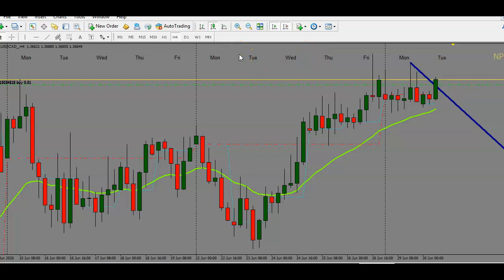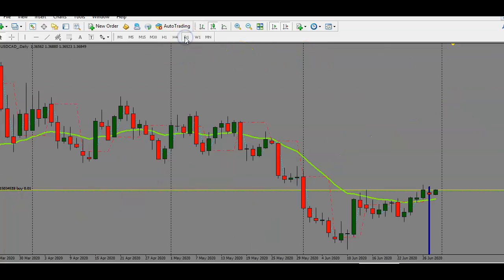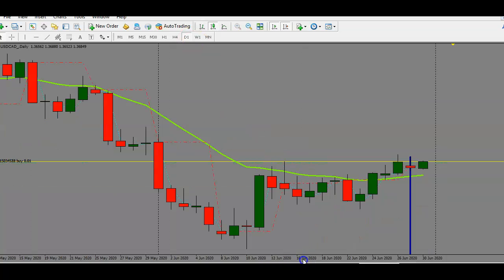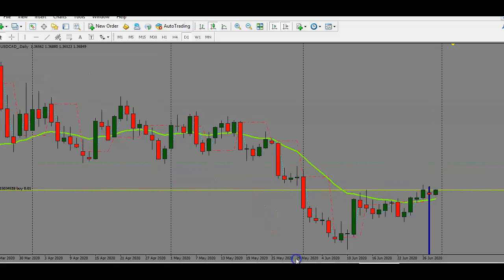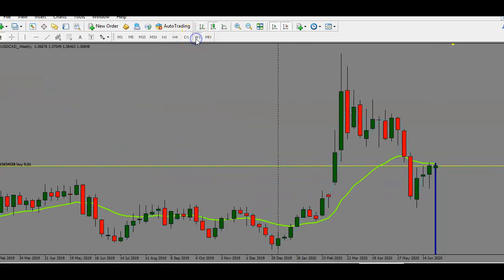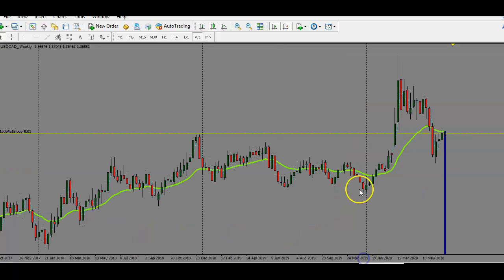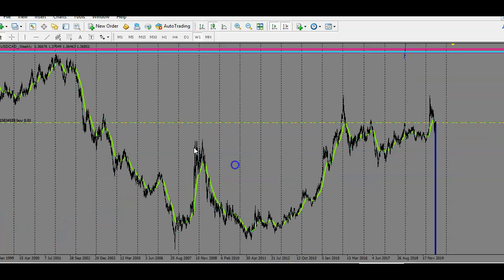Oh, we have literally hit the 20 moving average on the weekly. Okay, let me see something. I want to look at this retracement right here. So this has literally retraced to the 78.